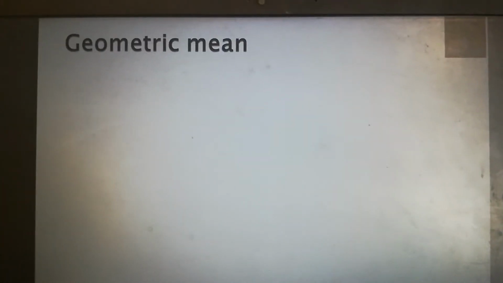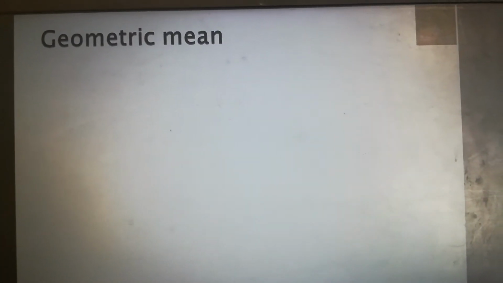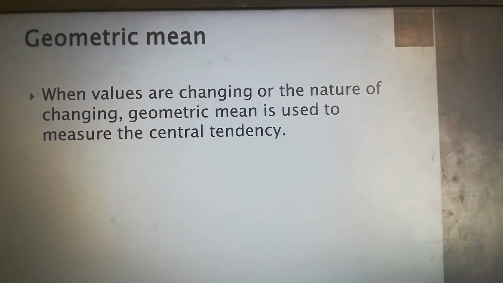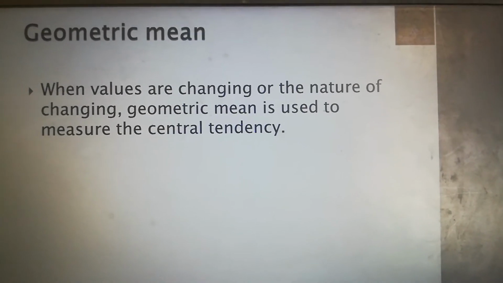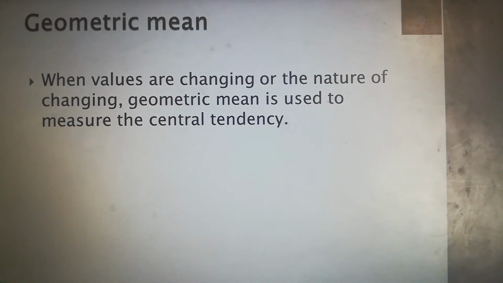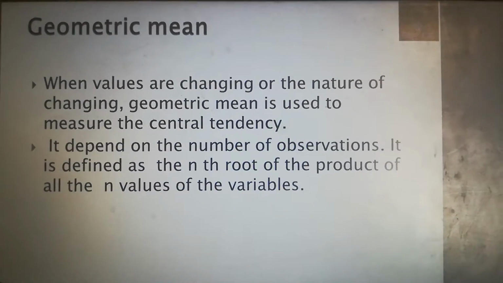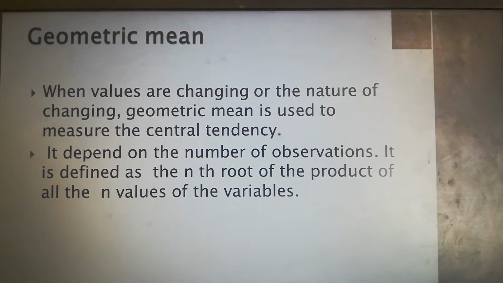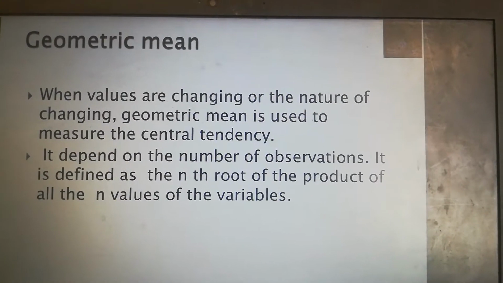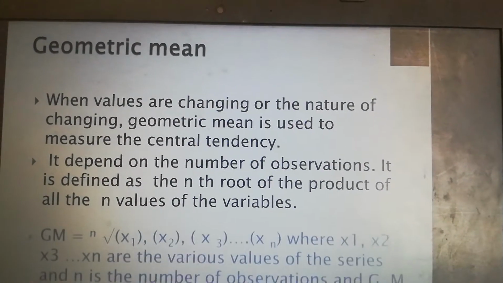Now let's see the other mathematical means, like the geometric mean. When values are changing at a rate, we can use the geometric mean as a measure of central tendency. It depends on the number of observations and is the nth root of the product of all the n values of the variable.